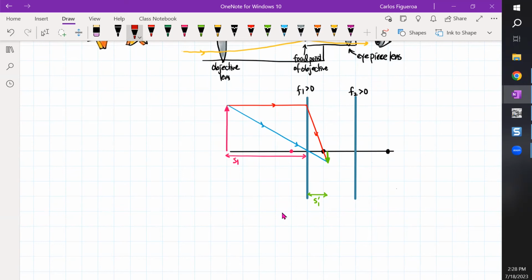I start off at the point, and I go through the center of the lens. So it goes this way, so now I have to start going backwards. In hindsight, I should have changed the focal length of this guy. I should have made him smaller. But this guy's going to be way out here.